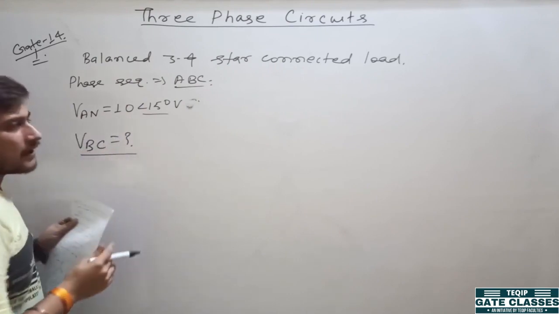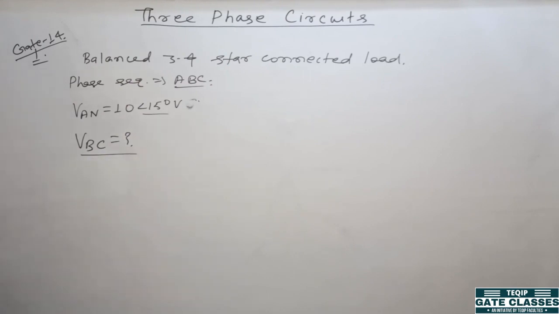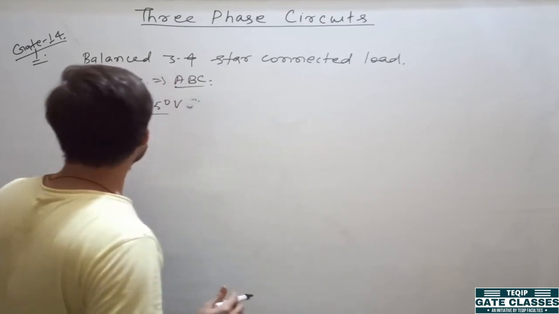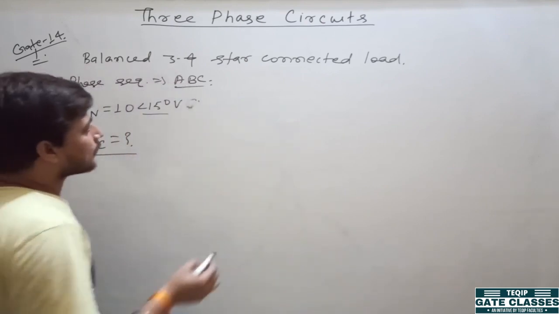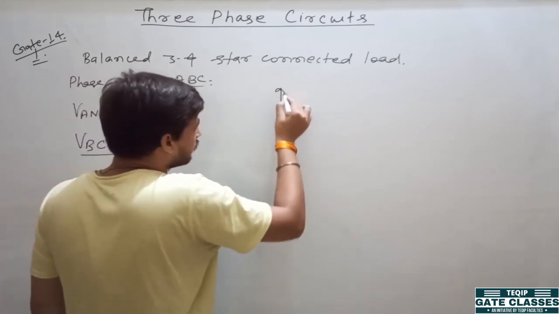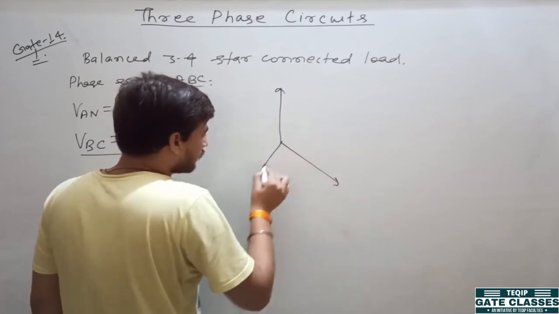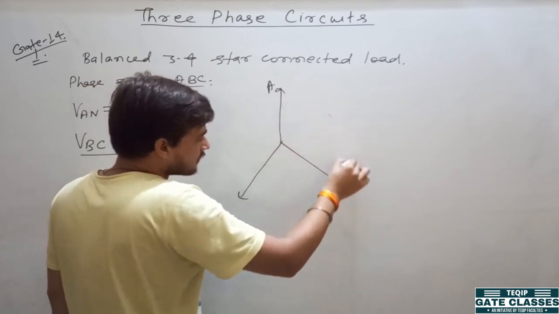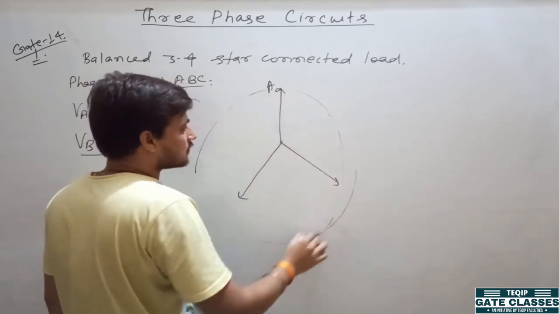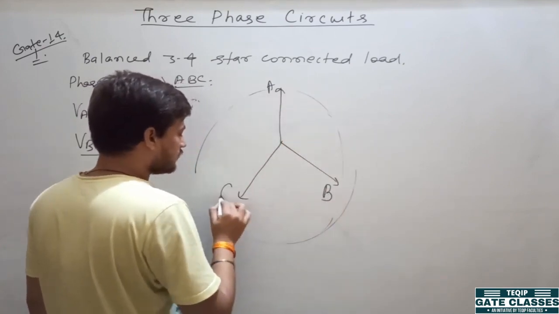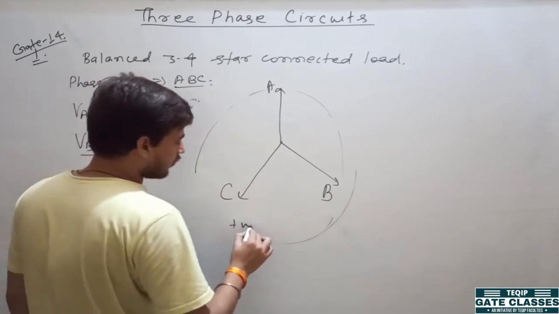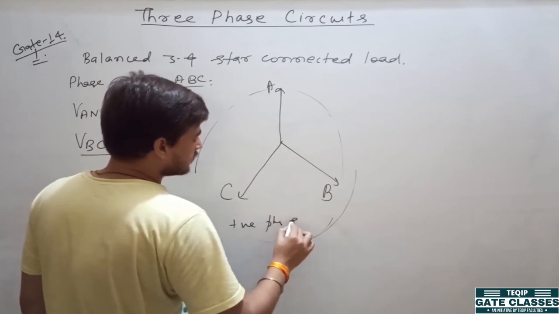Then you have to find VBC. So let us see how to find that. They have given one phase voltage, they are asking you to find VBC. So first let us see the meaning of phase sequence. The meaning of phase sequence is, if they have given ABC, then you will have to travel like this: A, B and C. So this is called your positive phase sequence.